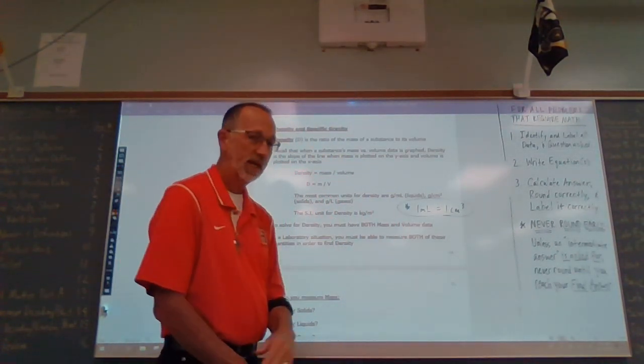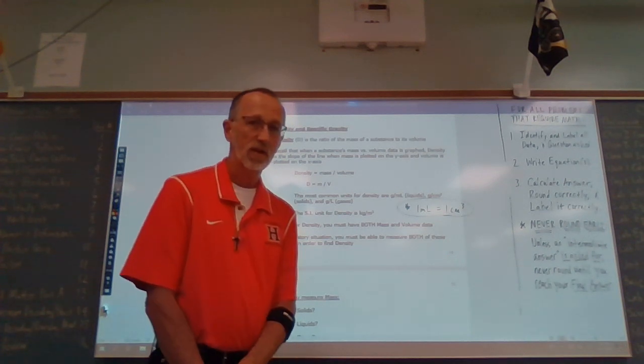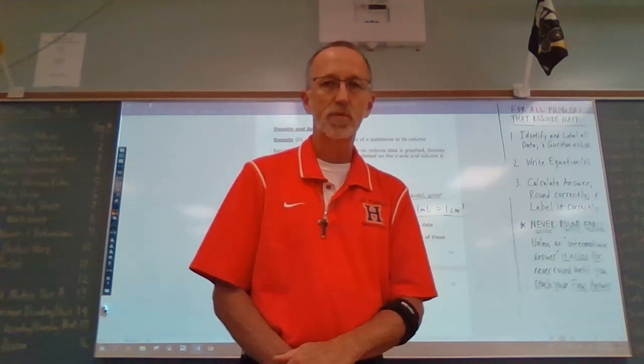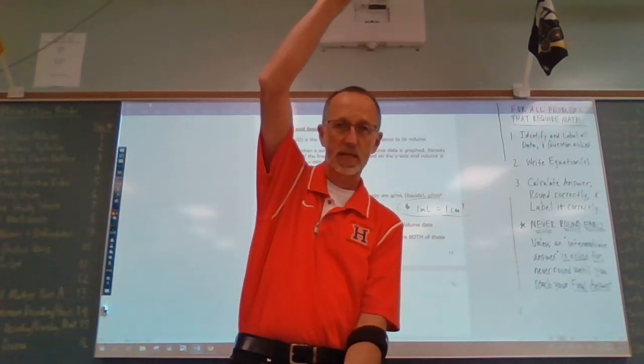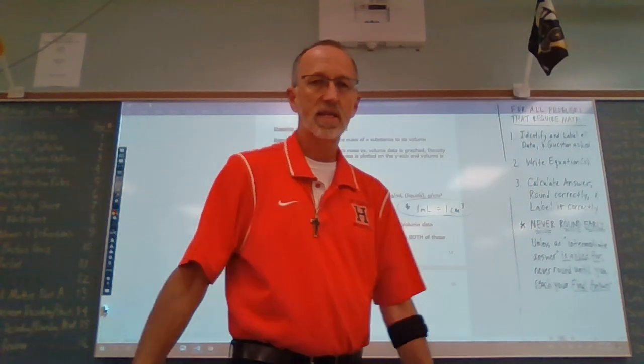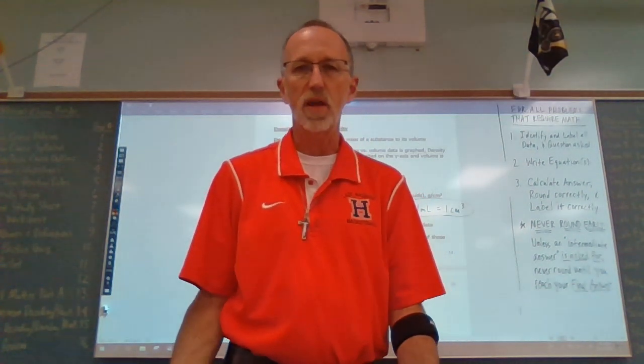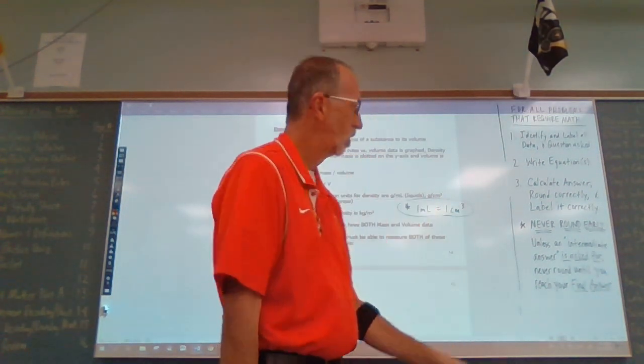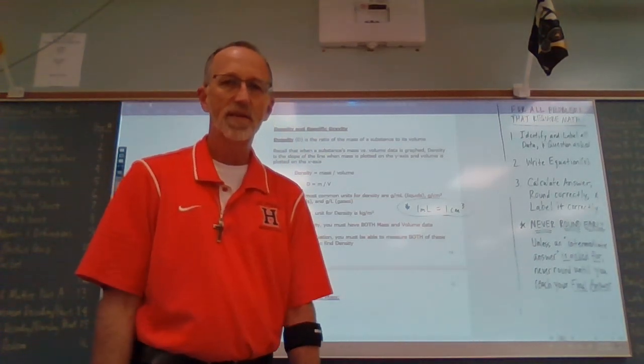Actually, the standard SI unit for density is kilogram per meter cubed, but for the purposes of chemistry, a kilogram is a very large mass, and a meter cubed is an extremely large volume that we would rarely use. So again, we use these other units out of convenience.